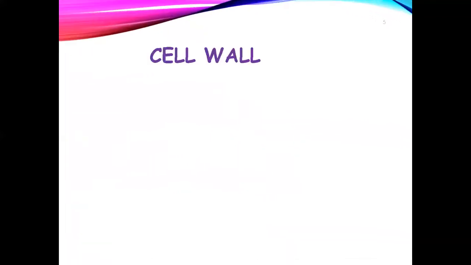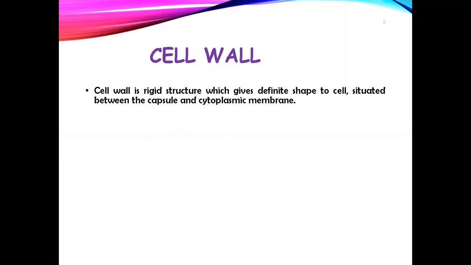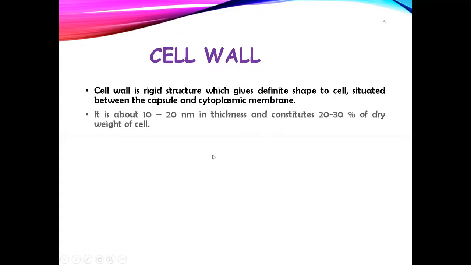So as I have told you, this staining is based on the cell wall of the bacteria. So it differentiates the bacteria based on the cell wall. The cell wall is a rigid structure which gives definite shape to the cell, which is situated between the capsule and the cytoplasmic membrane.